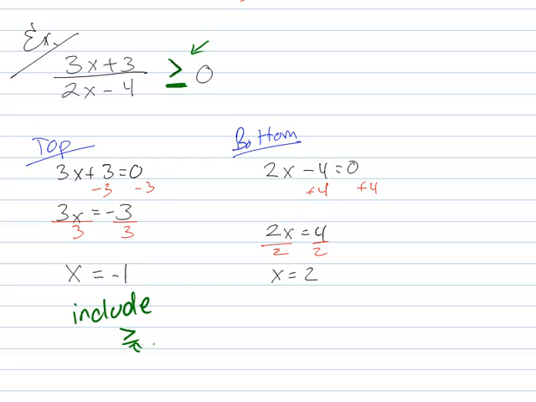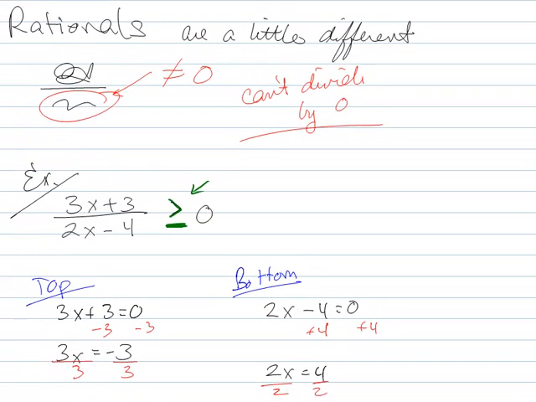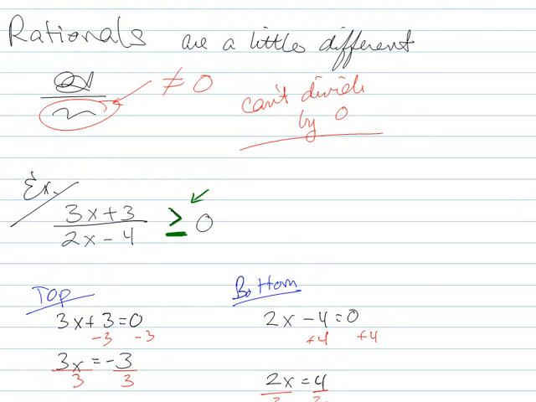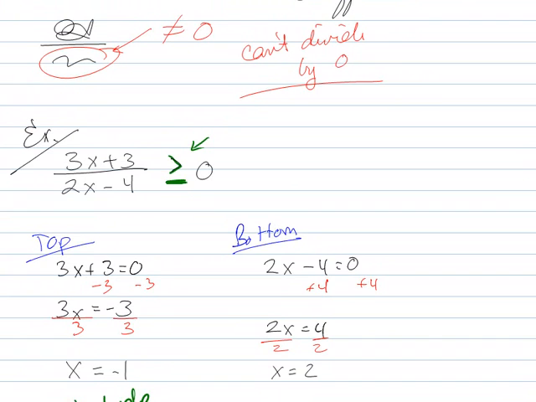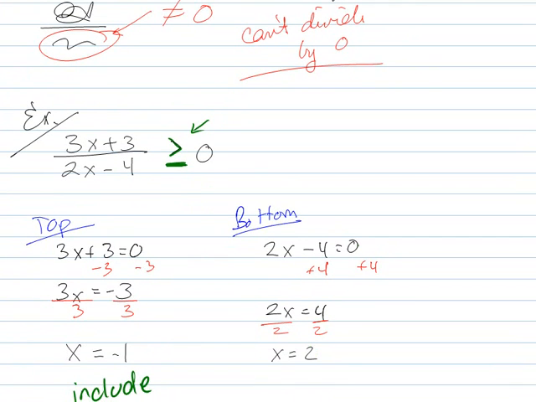But what about this point over here, the one on the bottom? Am I going to include this point on the bottom? Well, if you just looked at the sign, you'd say, sure, of course, right? But remember we said something a second ago. We said that we can't divide by 0. So this x equals 2 is where the bottom is 0, right? If I plugged in 2 right here, I'd get 4 minus 4 is 0.